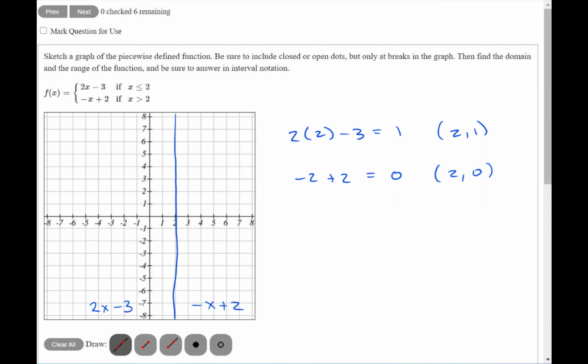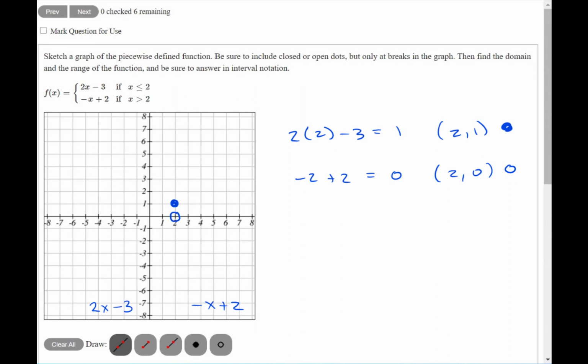Now, this point is less than or equal to 2, so this one's included, so I'll use a closed circle here, but an open circle here. Okay, so let me get rid of that, and let's do this. So 2, 1, closed circle, and 2, 0, an open circle.